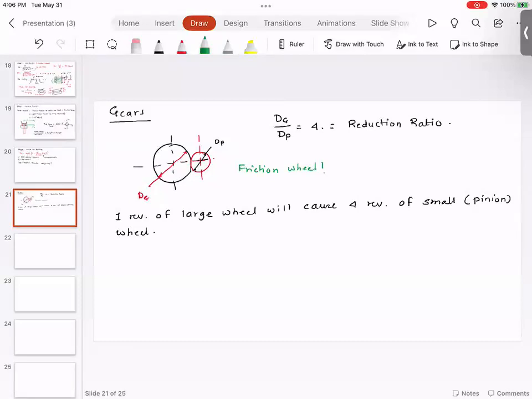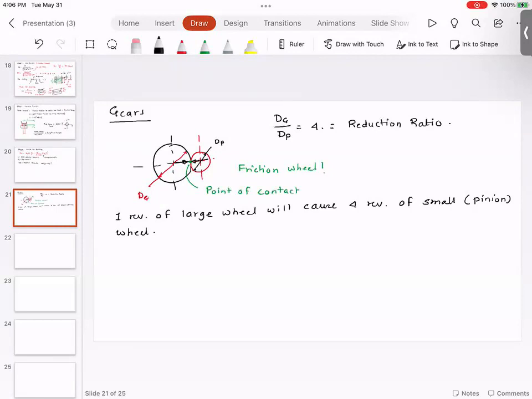So if you look at the point of contact, this is called as the point of contact. At the point of contact, you have the normal reactions that are shown over here.